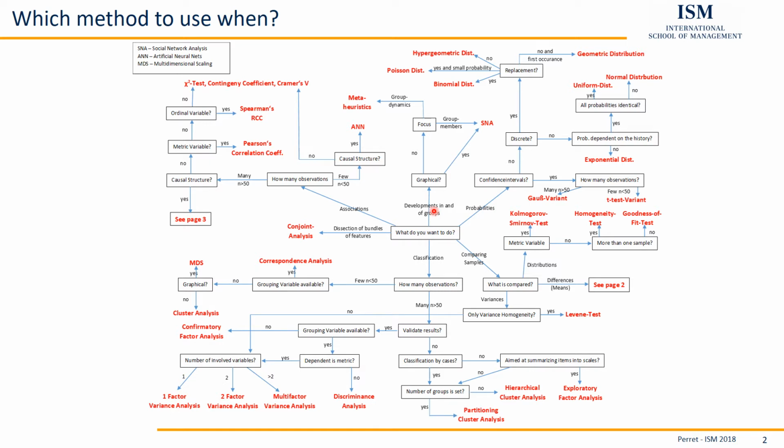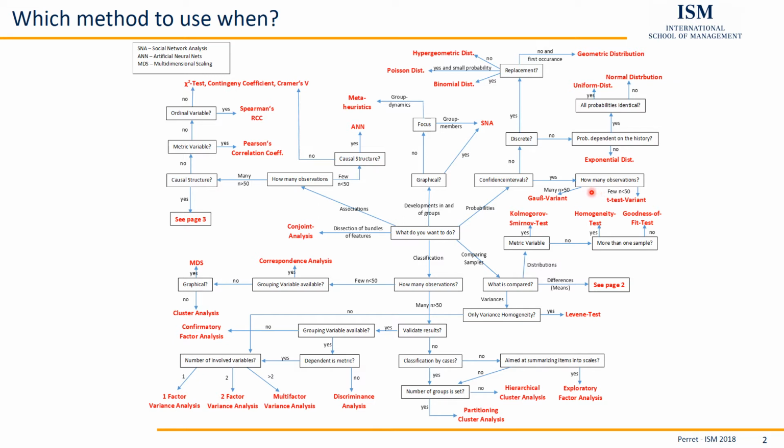Okay, so this is also not necessarily one of the classical points of early statistics. However, probabilities, the part of probabilities usually is. And that's where we start here with the question, are you interested in confidence intervals or not? If you say yes, then again the question is, how many observations do we have?